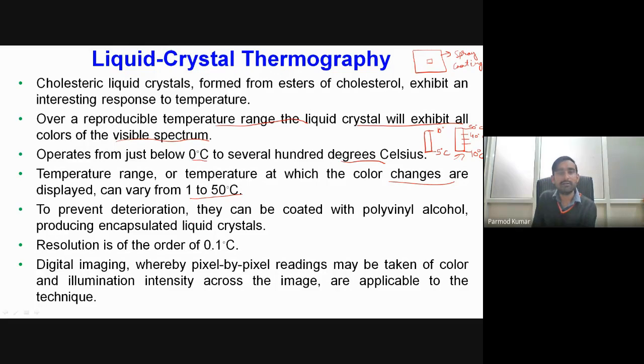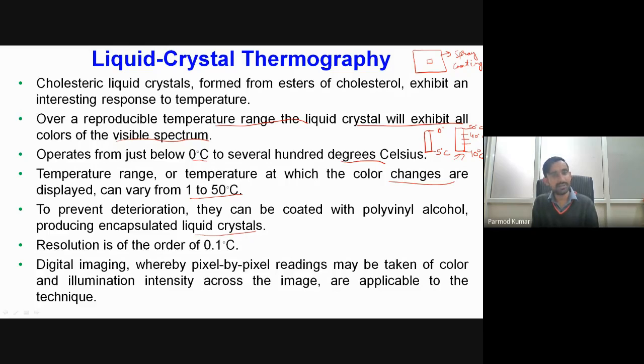Okay, now in order to prevent the liquid crystals from deterioration, these can be coated with polyvinyl alcohol, and this produces encapsulated liquid crystal. So there will be a protective coating layer on the periphery of the liquid crystals.